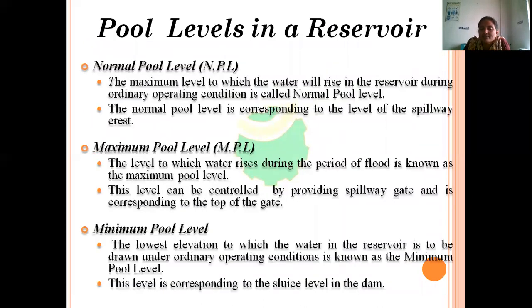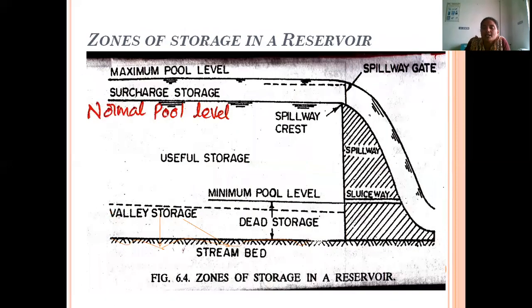Next one, minimum pool level. The lowest elevation to which the water in the reservoir is to be drawn under ordinary operating conditions is known as the minimum pool level. It corresponds to the sluice level in the dam. What is the sluice way? Sluice way is the water released from the reservoir through tunnel or gates.